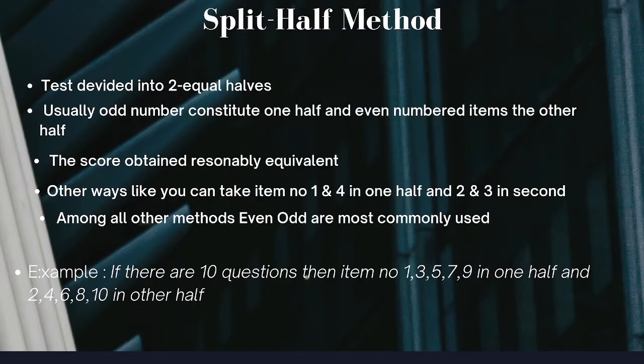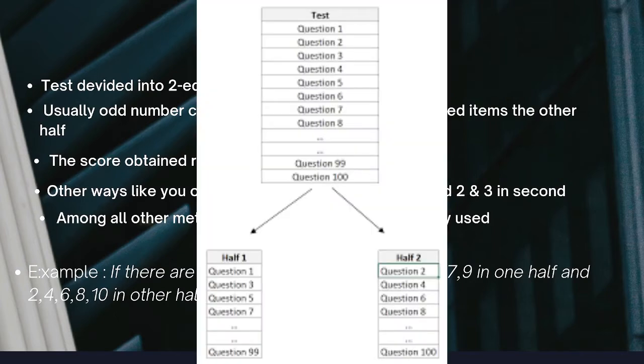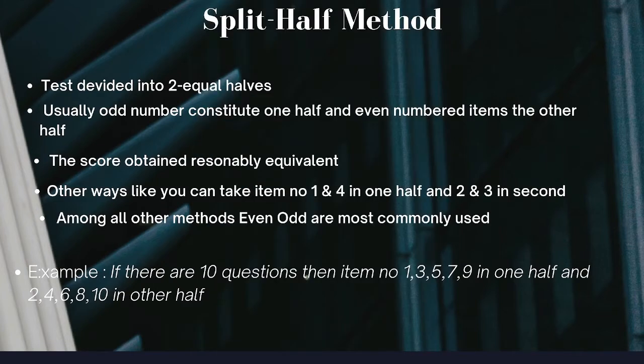So for instance, I'm giving you one example. If you have 10 items in a test, you can take items 1, 3, 5, 7, 9 in one half and items 2, 4, 6, 8, 10 in the other half. And you can also follow another way.